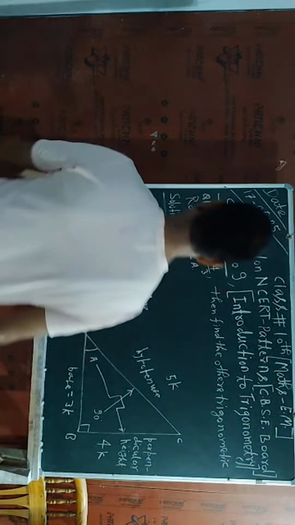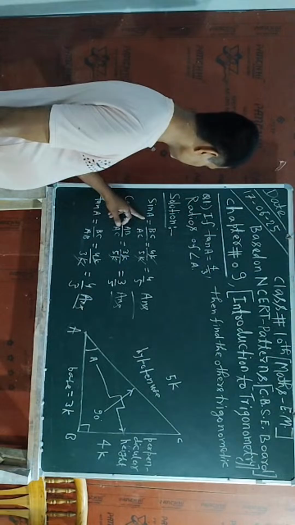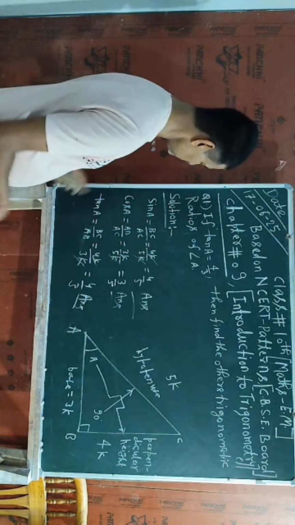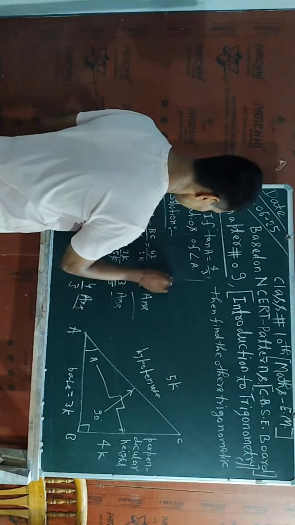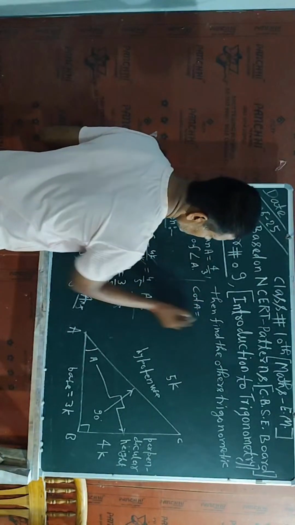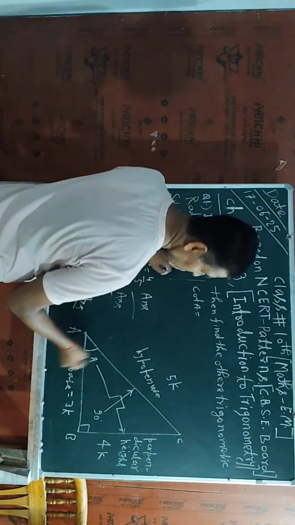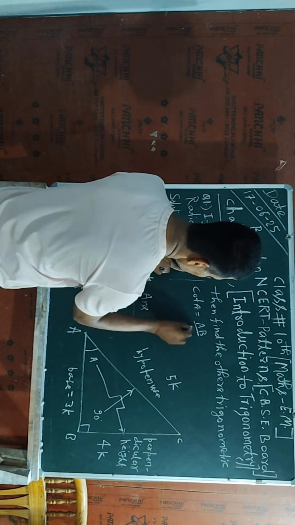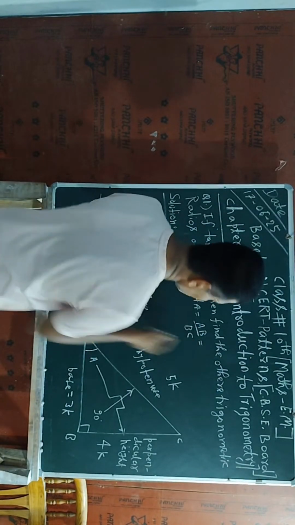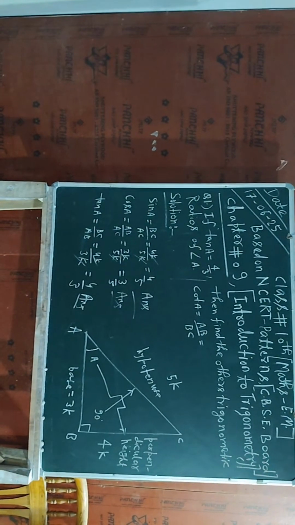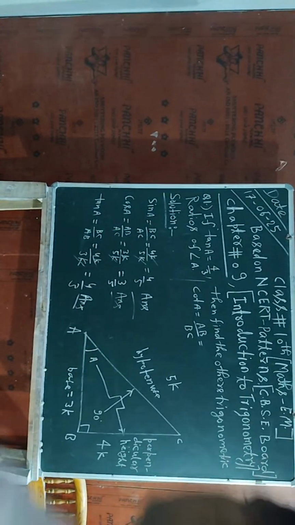Now here I am going to write sin A is equal to this one, cos A is equal to this one, and also tan A is equal to this one. Now further I will write cot A, which is equal to AB divided by BC.